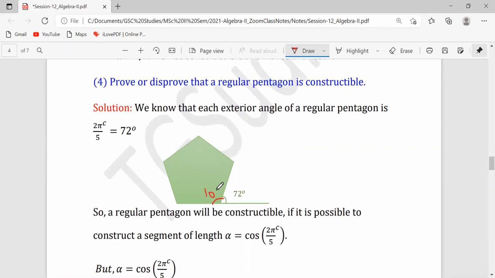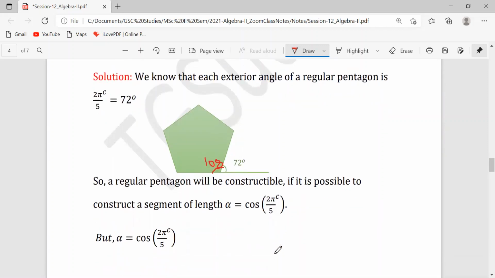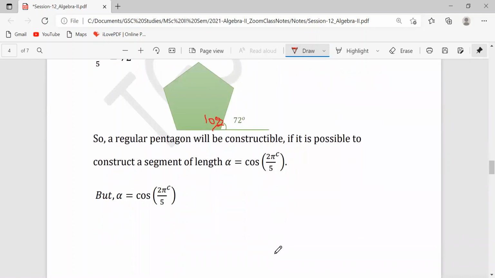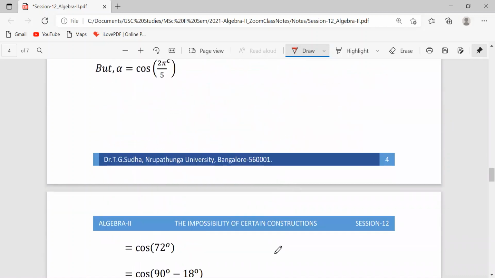So instead of discussing whether 108 degrees is constructible or not, let us discuss whether 72 degrees is constructible. So a regular pentagon will be constructible if it is possible to construct a line segment of length alpha, which is equal to cos 2 pi by 5. So cos 2 pi by 5 can be written as cos 72. So alpha is equal to cos 72.